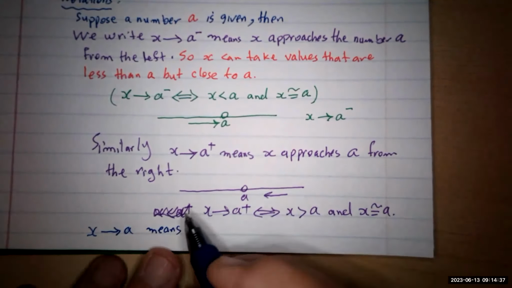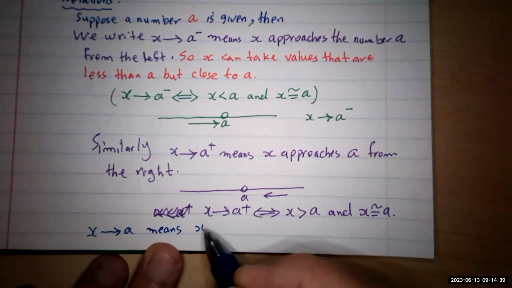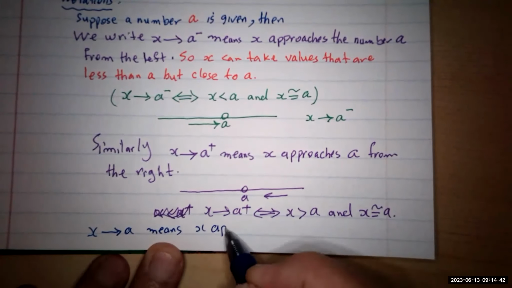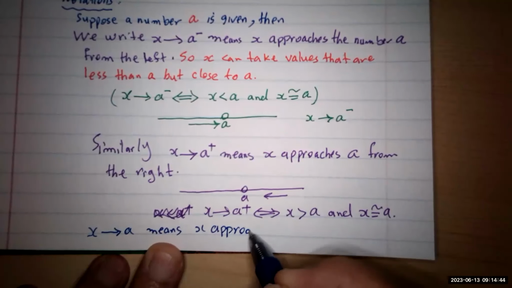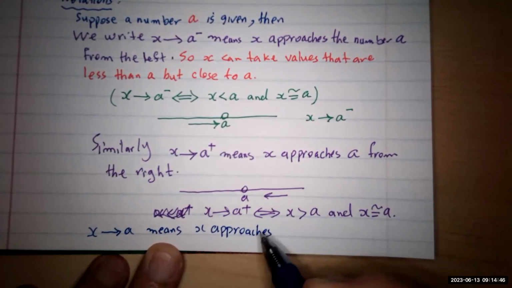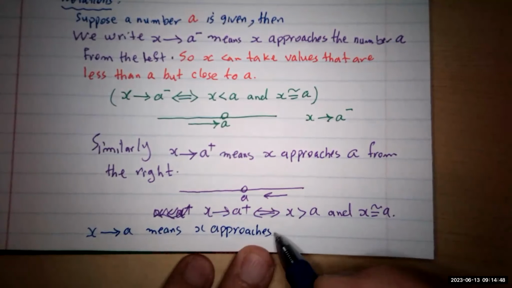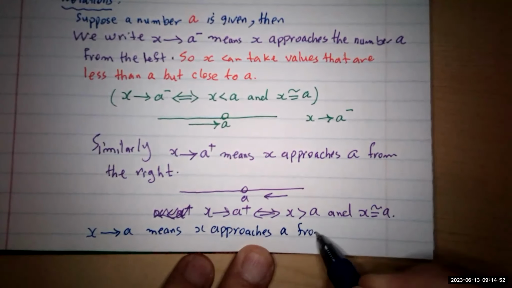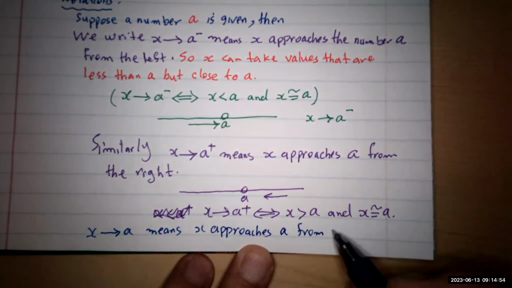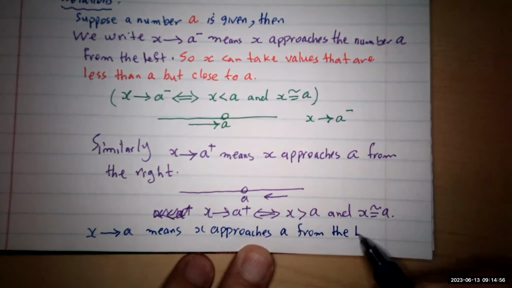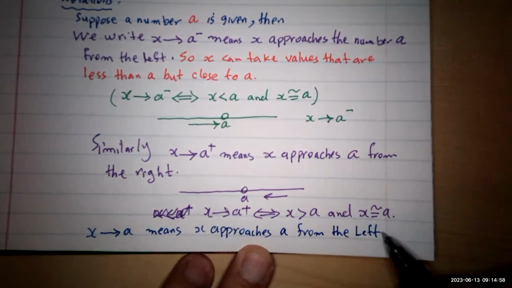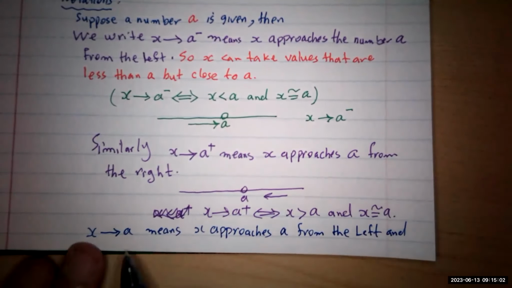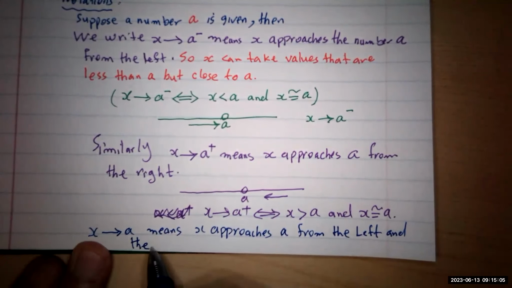These expressions are historically used by Newton again. X approaches A, if you like, from both directions, from the left and the right.